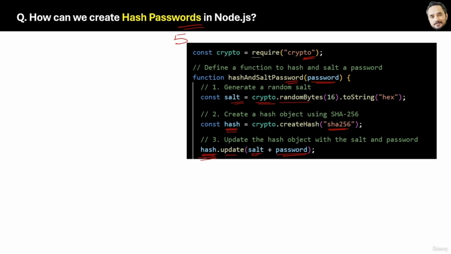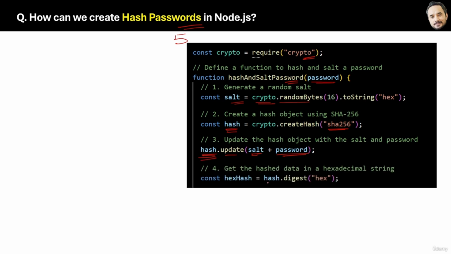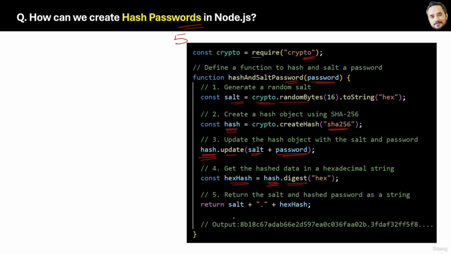So we will convert this hash object to a hexadecimal string by using the digest function of this hash object. Great. Finally, we will return the complete secure password by adding this salt dot hash string, and the output will be something like this, a very long string.